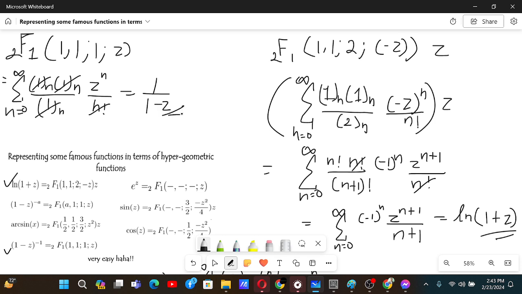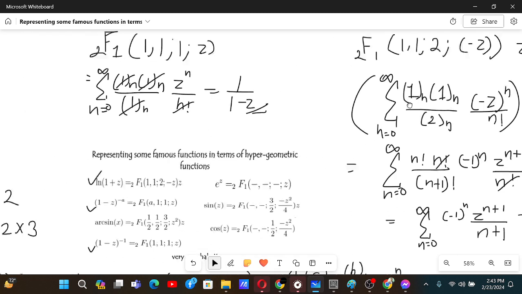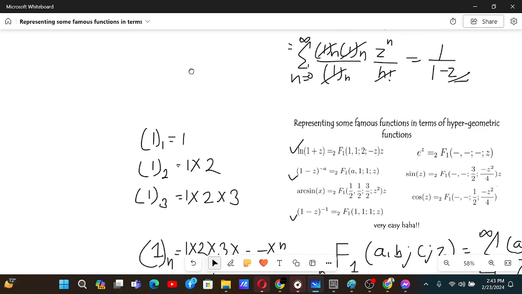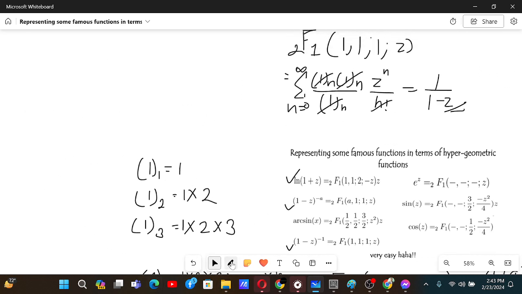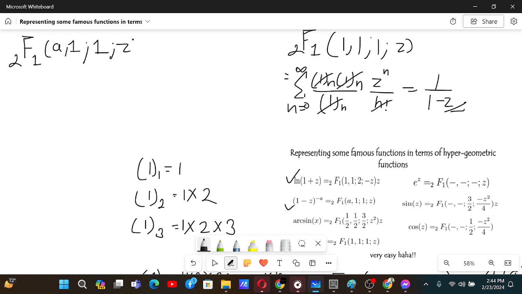Yeah, so we do the third one as well. Now let's go with this one, and then arcsin x. So basically I'm doing this in increasing order of difficulty. Now this one over here, the ordinary hypergeometric function of a comma 1 in the numerator, 1 in the denominator, g.